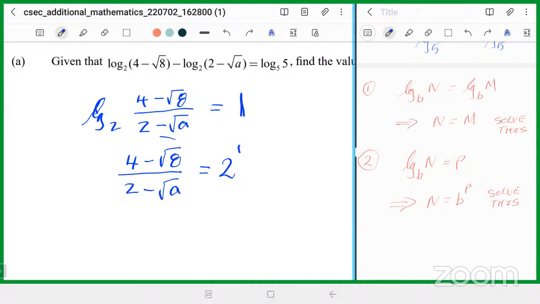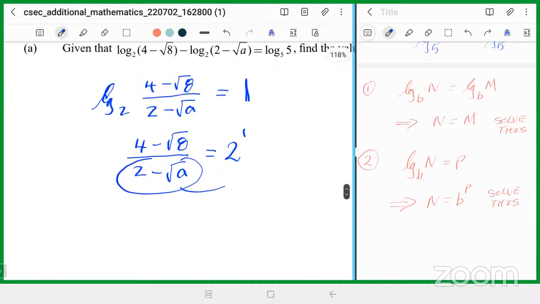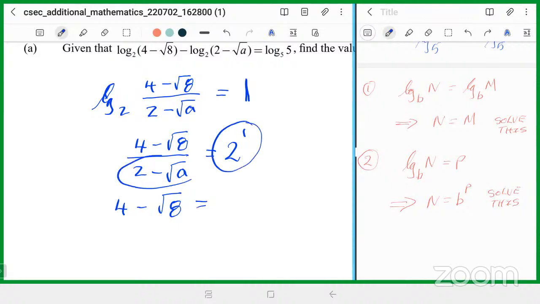And so I'm now solving this. I can just cross multiply this over here, and I will get 4 minus the square root of 8 equals 2 times these, which would give me 4 minus 2 root a.